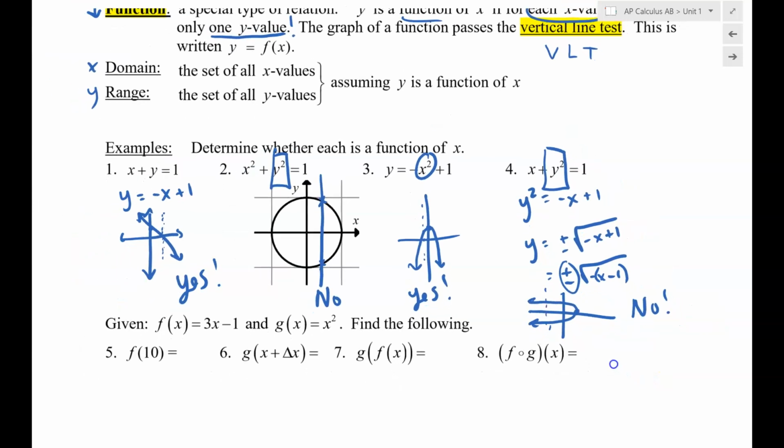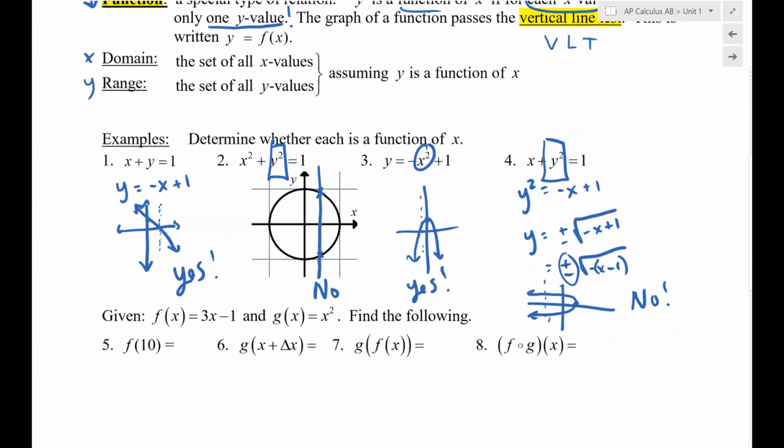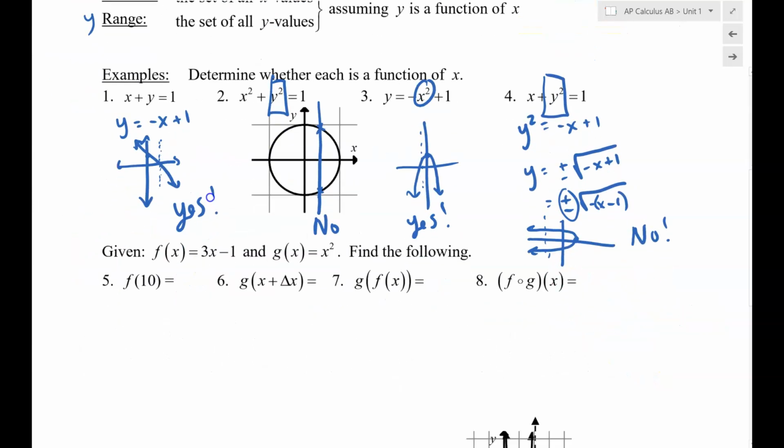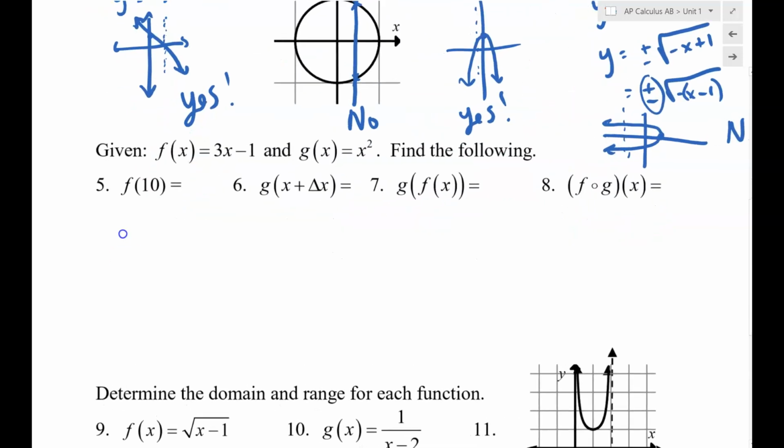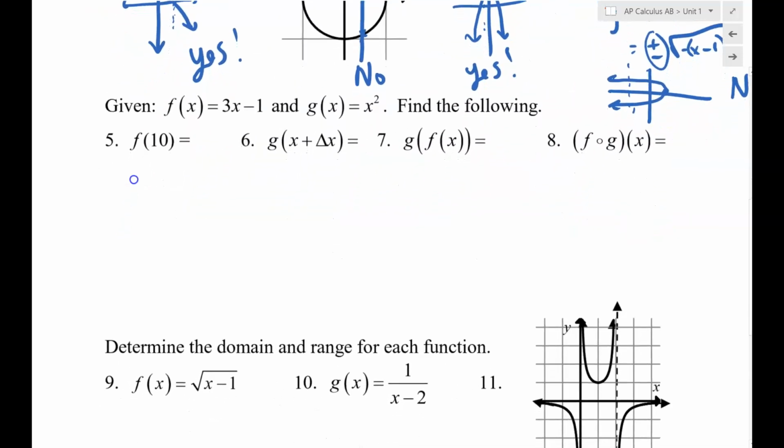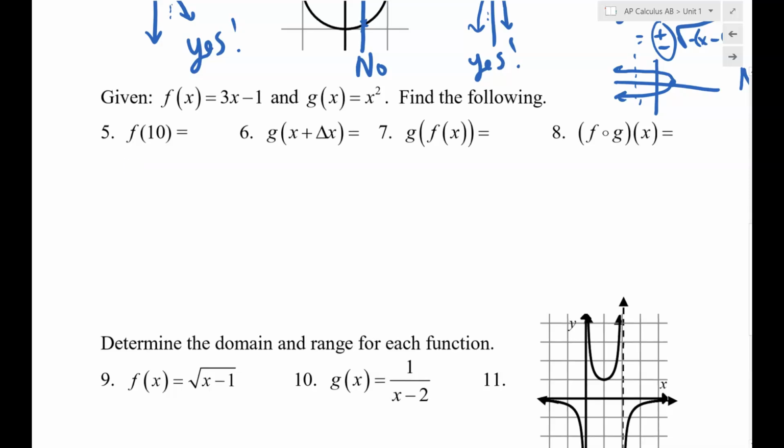The next thing that we want to talk about is how do we evaluate functions, and with that we get some composition. We're going to identify two functions: f of x equals 3x minus 1 and g of x, which is x squared. They want us to find the following.